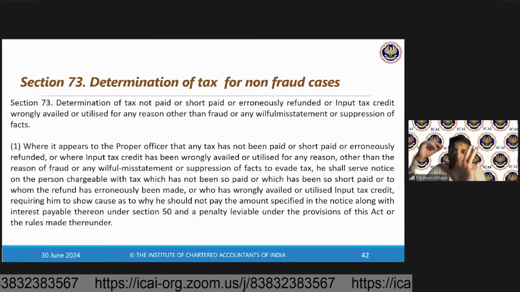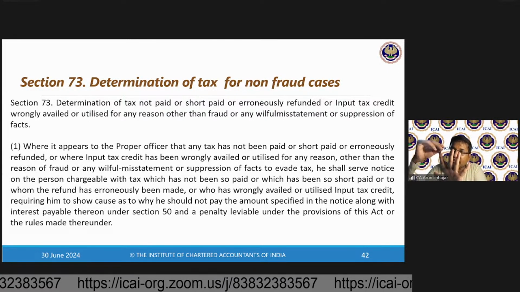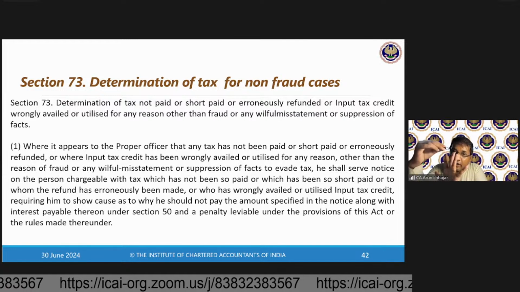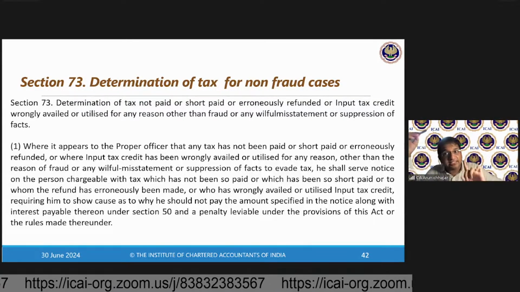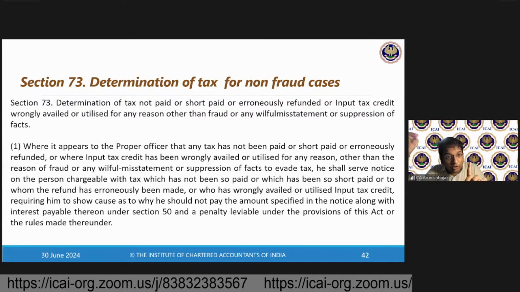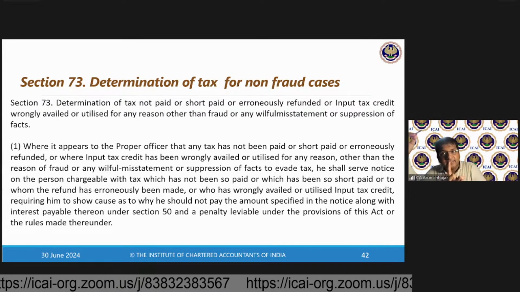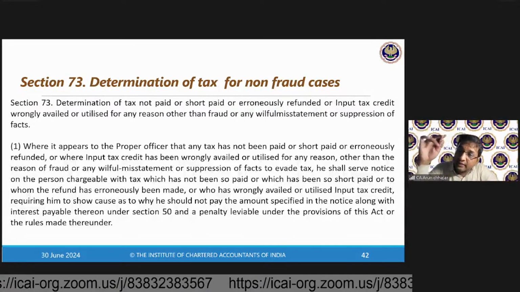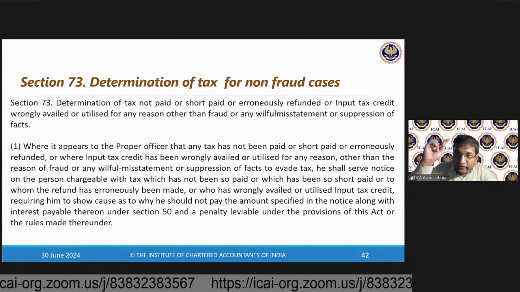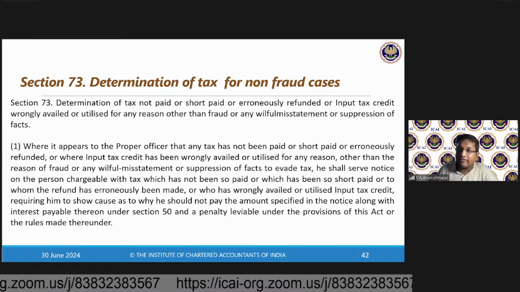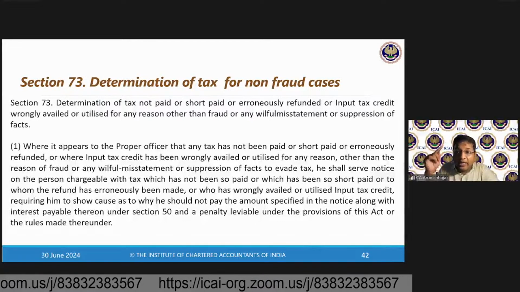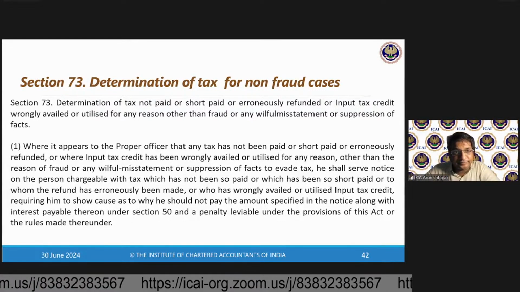Tax not paid, short paid, erroneously refunded, ITC wrongly availed, or ITC wrongly utilized. Please note the word or is there: ITC wrongly availed or utilized. Please note one thing: in section 50, in the calculation of interest, we have read that ITC availed and utilized.